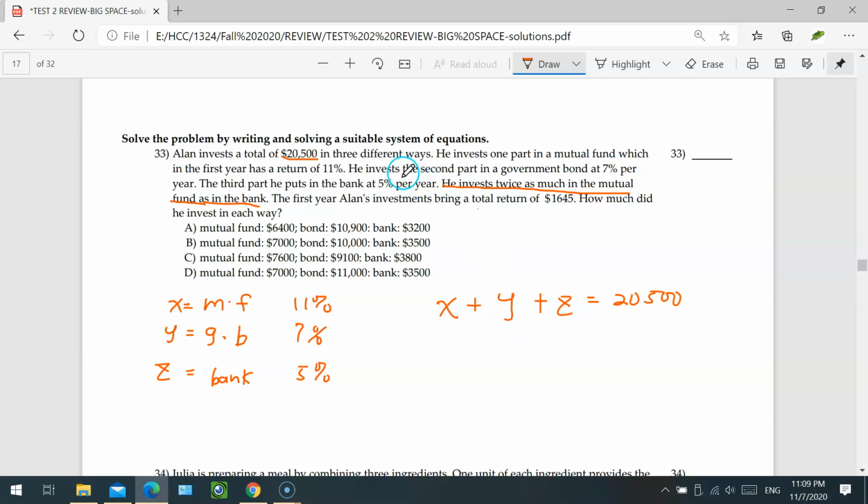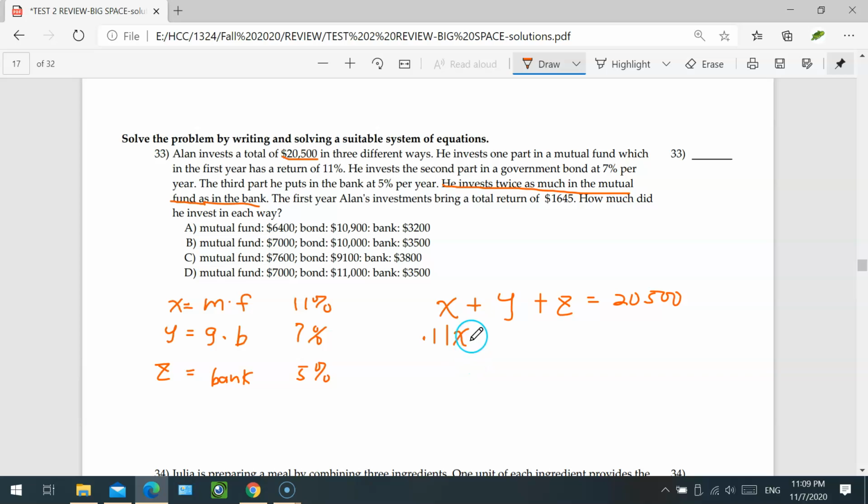The second equation is from the interest, the total interest from each of his investments. The mutual fund has 11%. So 11% is equal to 0.11, multiplied with the principal, the amount he invests with the mutual fund. So that would be 0.11x.